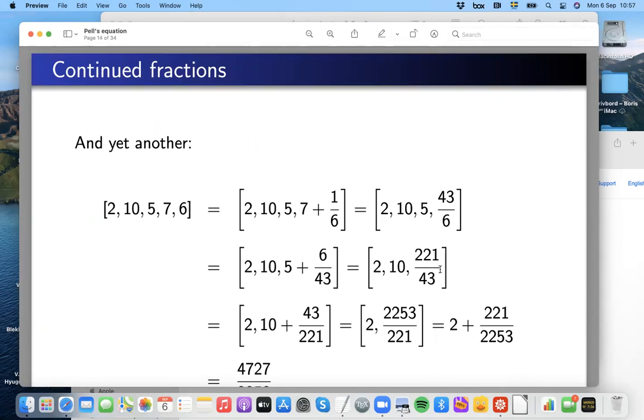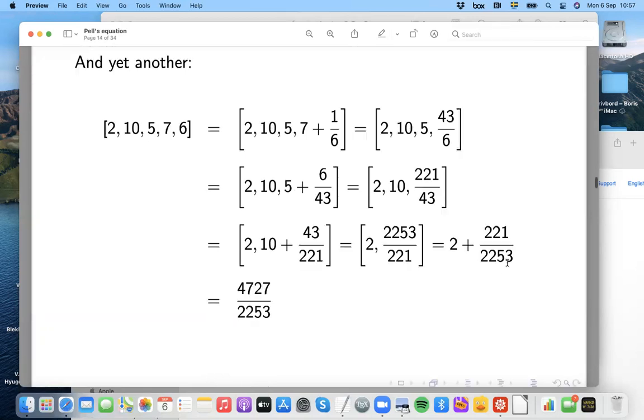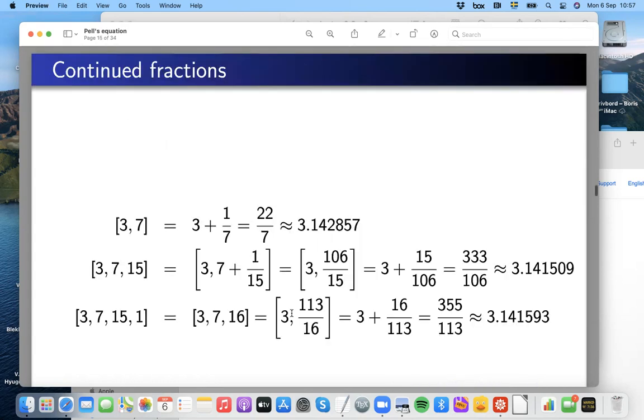So we get 2, 3, and this guy. Now we invert it and add to 3. So this sum is 221 divided by 221. And then the last step, we just add it to the first number. And after that, this is our answer in the form of a usual fraction. So we can go back and forth between continued fractions and rational numbers.